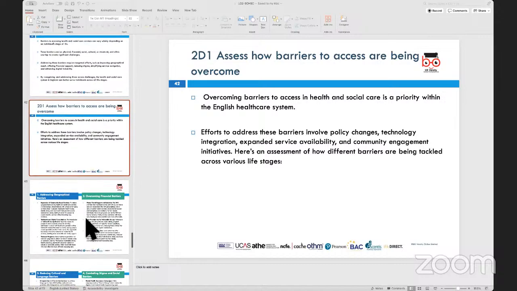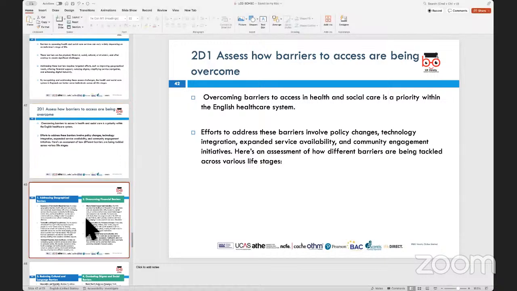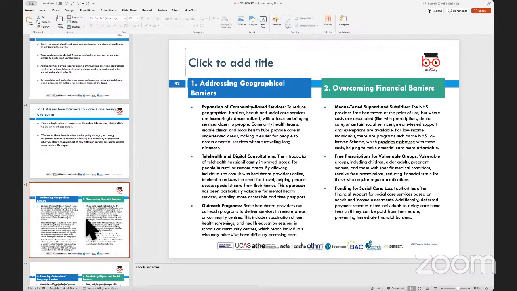Now, in order to overcome these barriers, you would obviously look at choosing first a couple of barriers that you think are worth discussing. So, for example, things like geographical barriers or financial barriers, you would categorize them into these 4 or 5 that I talked about: physical, social, psychological, financial, geographical.